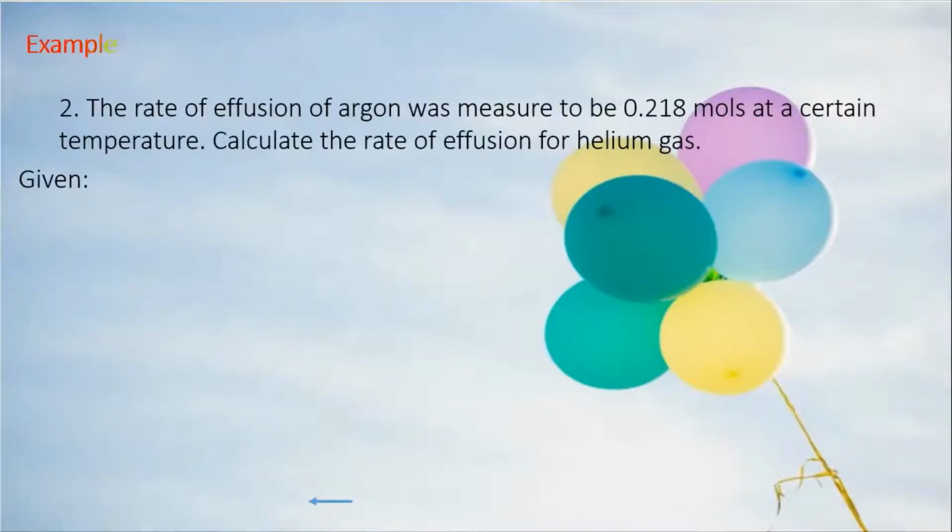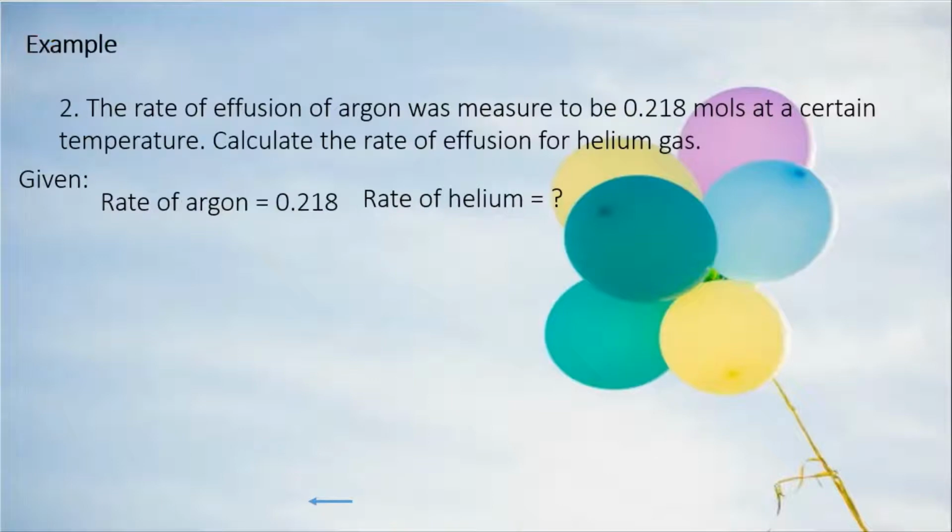For our second example, the rate of diffusion of argon was measured to be 0.218 molecules at a certain temperature. Calculate the rate of diffusion for helium gas. So we have 0.218 as the rate of argon, and we're looking for the rate of helium. To locate the molar mass of argon and helium, let us look at our periodic table of elements.